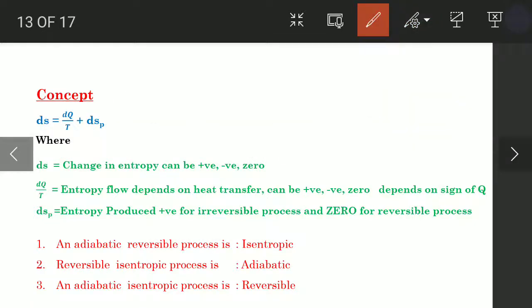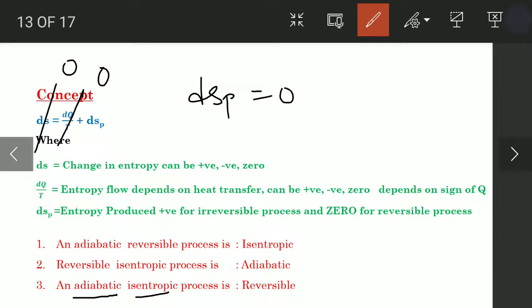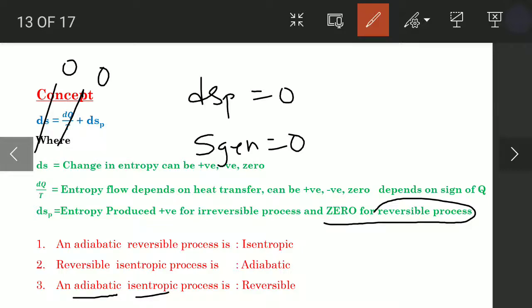Now third question. Adiabatic isentropic process. Adiabatic process Q is 0. Isentropic process dS is 0. So dS_p is equal to 0 means entropy generation is 0. Entropy generation is 0 for a reversible process.